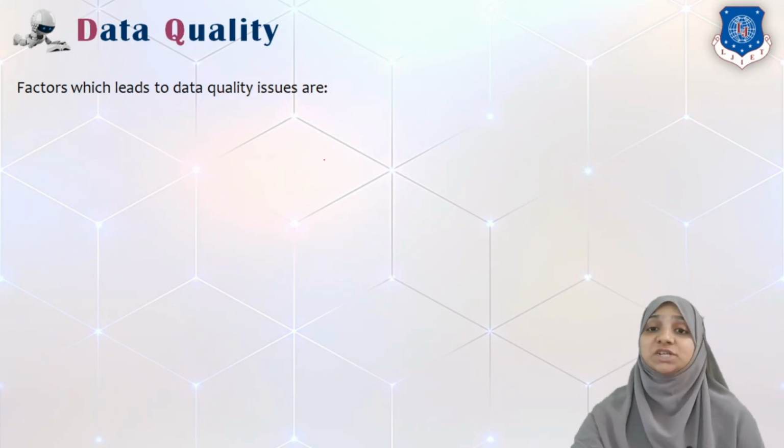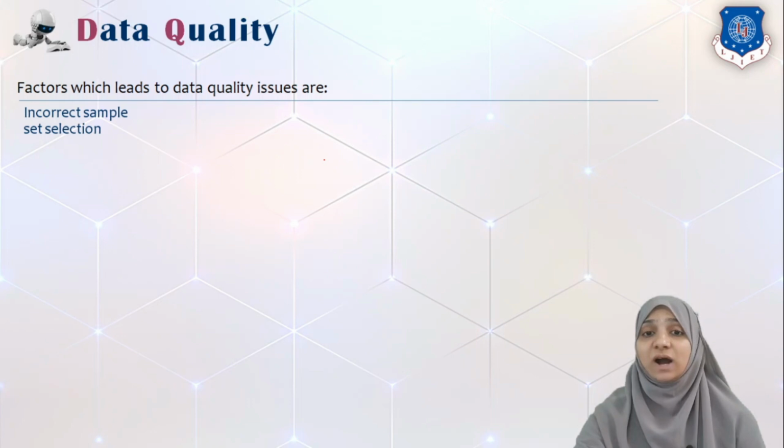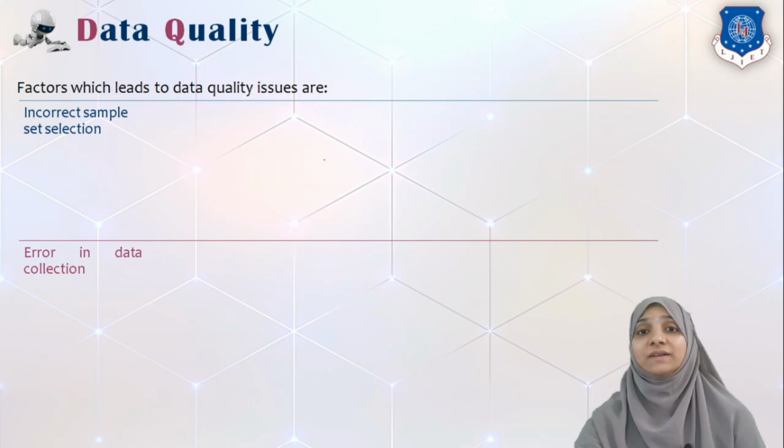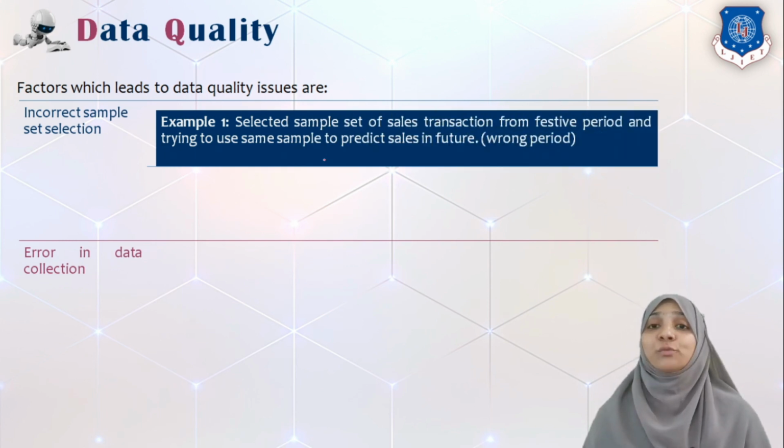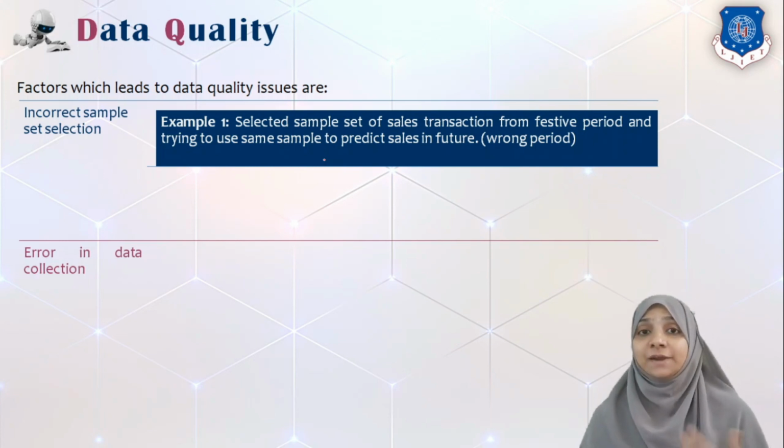Let us look into detail the flaws of data which reduce the quality of data. So the factors which lead to poor data quality are, first, incorrect sample set selection. We can select the data from a given data set for training incorrectly, or whatever data we have selected must contain some error. Say for example, imagine you want to predict the sales in the near future. That means at the end of the month or in an incoming quarter or incoming year, what will be the sales of your product?